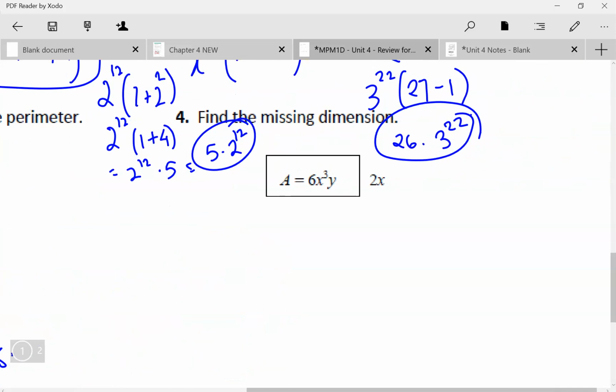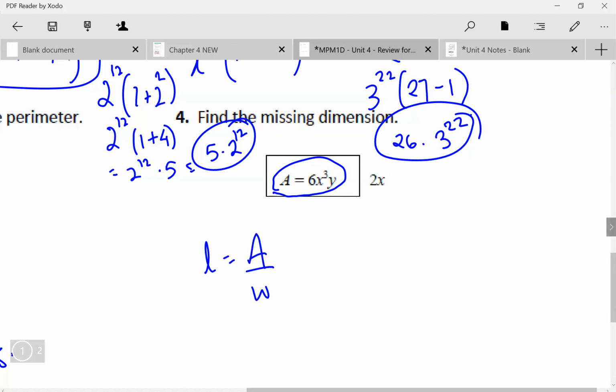Find the missing dimension. Now, this is one we haven't done in class before, but this is relating to our division, because I'm given the area, I'm given the width, I have to find the length. And hopefully we can see here that the length is going to be the area divided by the width, right?